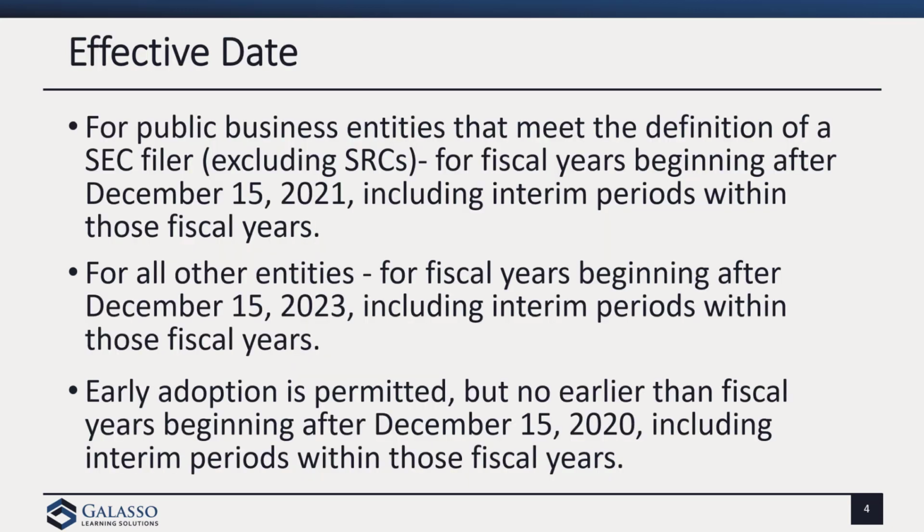So this standard is going to be effective for public business entities, excluding our SRCs, our smaller reporting companies, for fiscal years beginning after December 15th of 2021, which would be calendar 22. And for everyone else, including those smaller reporting companies that are technically SEC filers, it would be for fiscal years beginning after December 15, 2023.